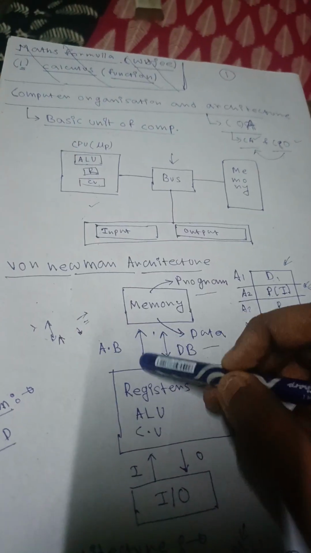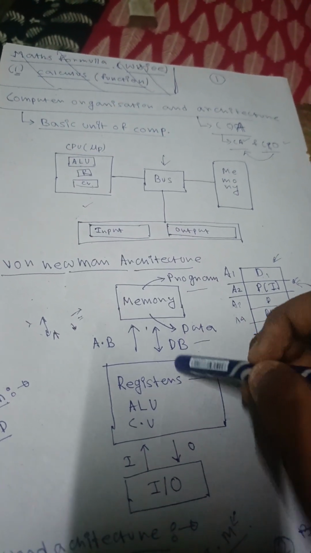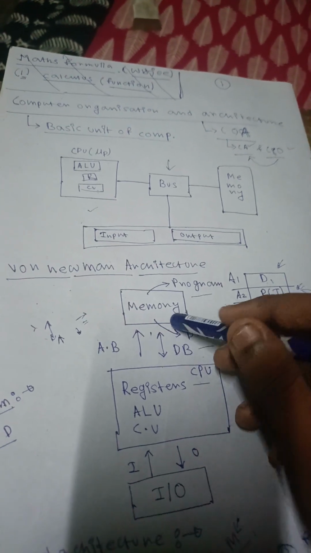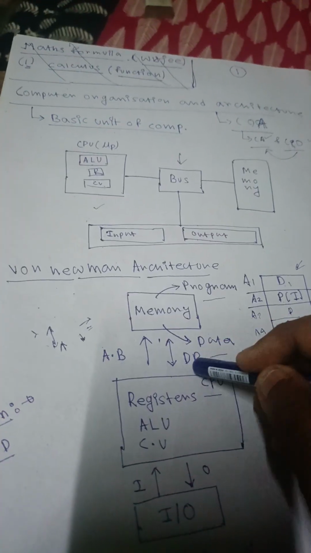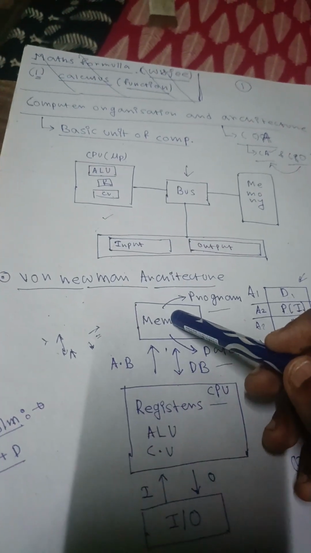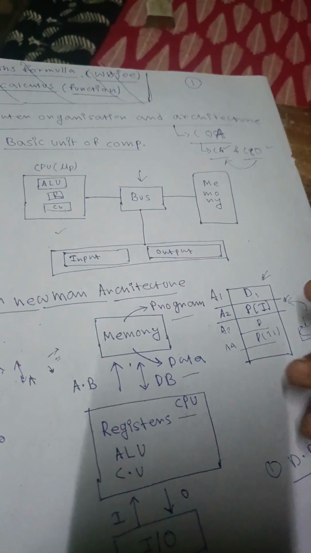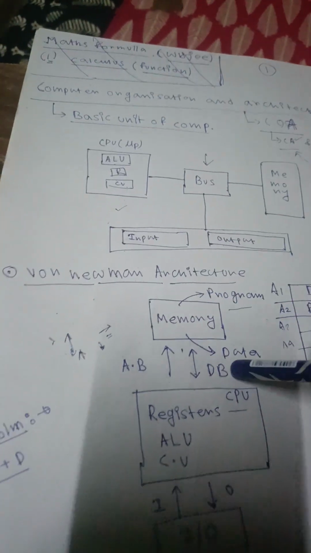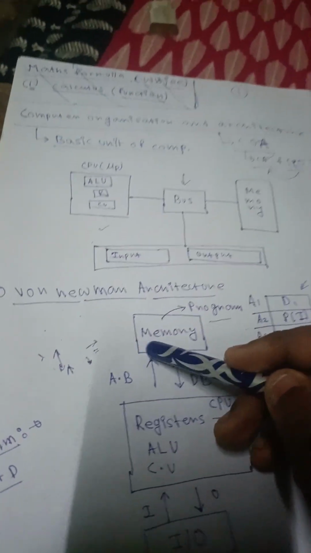The address bus is unidirectional and goes from CPU to memory, and the data is shared between CPU and memory in both directions. From memory data can go to CPU, or from CPU data goes to memory. DB stands for data bus, AB stands for address bus.